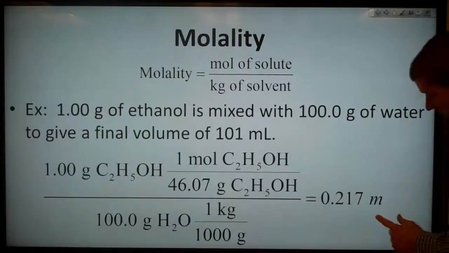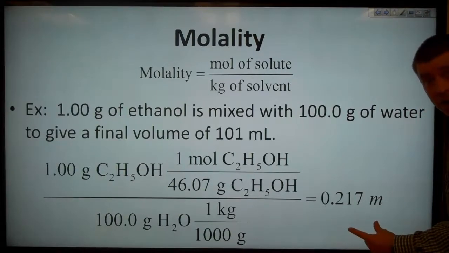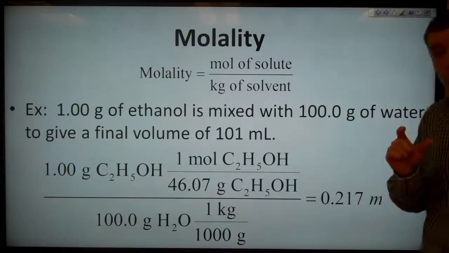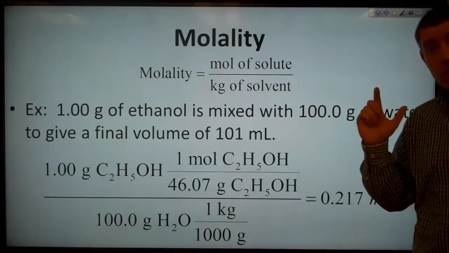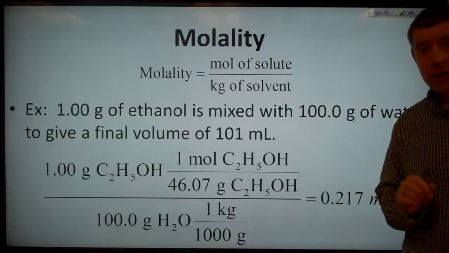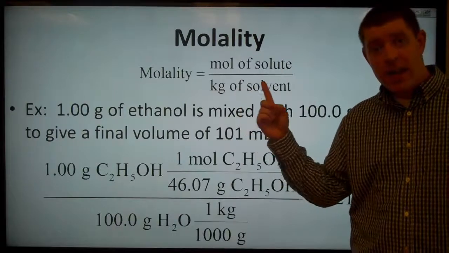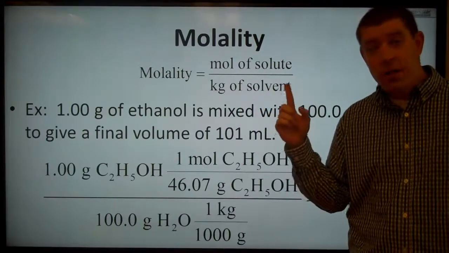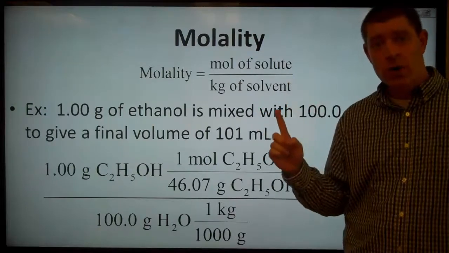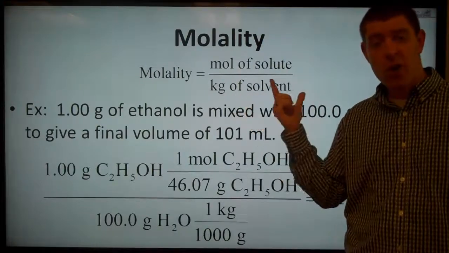One more thing I want to point out with molality: note that the molarity was 0.215 molar. So the molarity and the molality are not exactly the same. But as long as the solution is relatively dilute, the molarity and the molality will be approximately the same if the solvent is water. That's because in 1 liter of solution, if it's dilute, almost all of that volume is from water. 1 liter's worth of water is 1 kilogram of water, and that means that the denominator in both cases will be almost the same.